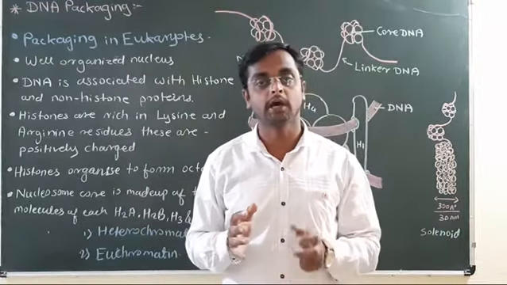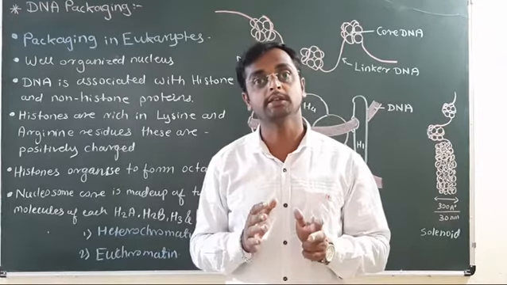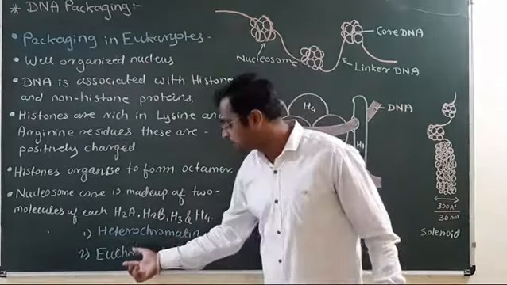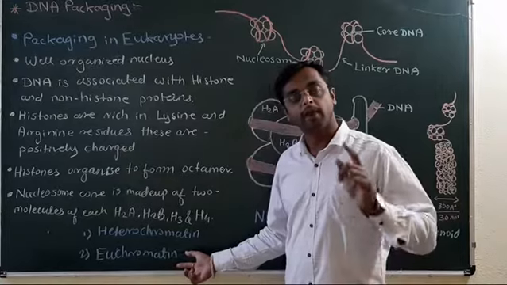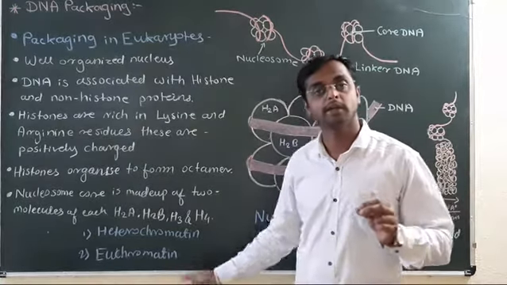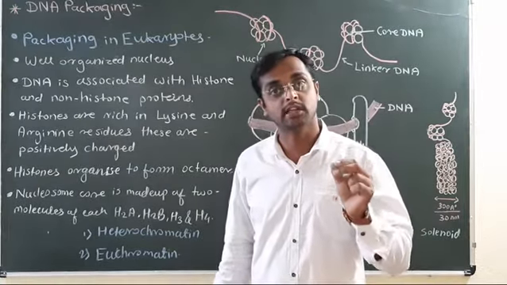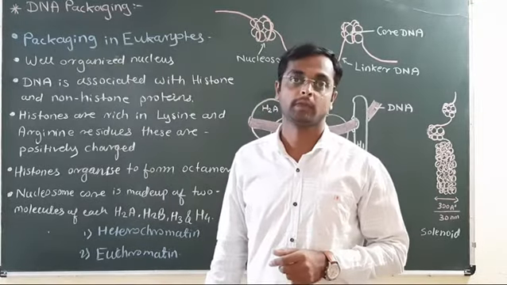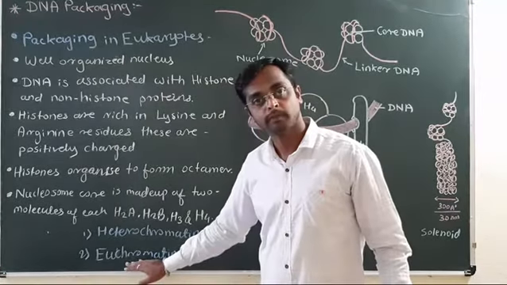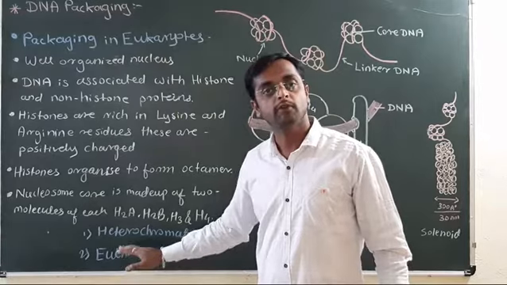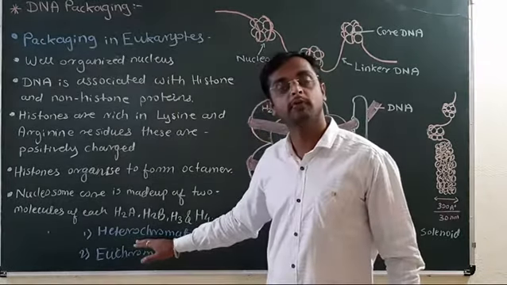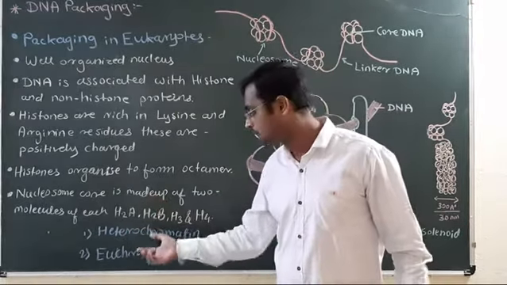And very important, this euchromatin contains genetically and transcriptionally active DNA. The amount is very small. Euchromatin amount is very small. Heterochromatin sequence is 2 to 3 times more than the euchromatin.